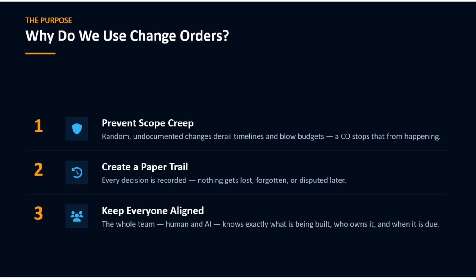So why do you actually use change orders? Well, one reason obviously is to prevent scope creep. You don't want things to get out of hand. Suppose someone just gave you a bunch of lumber, nails, and tools and said, go build a house. That would probably be a disaster.